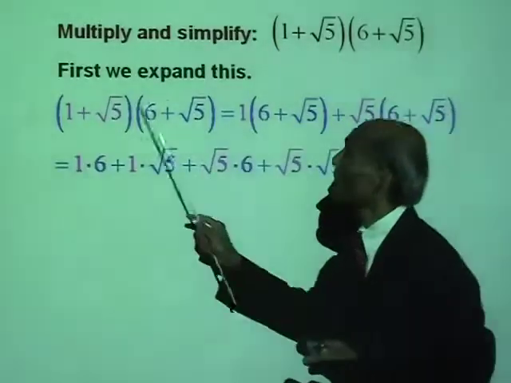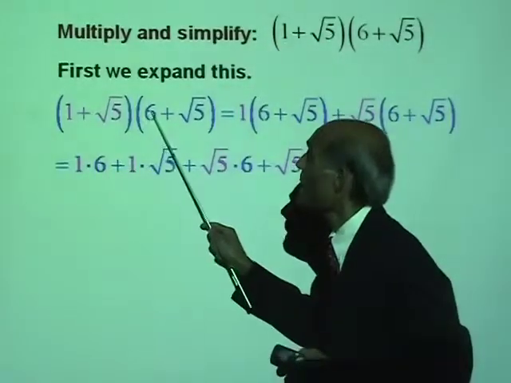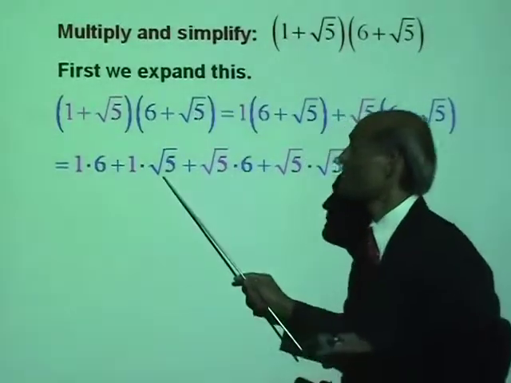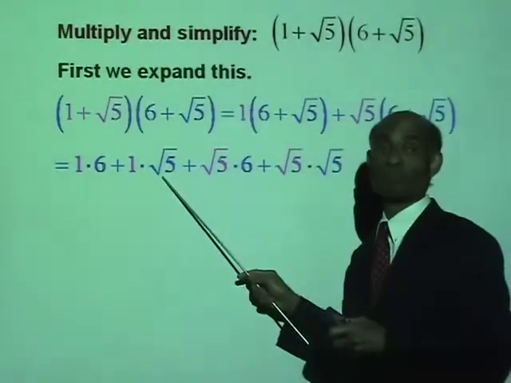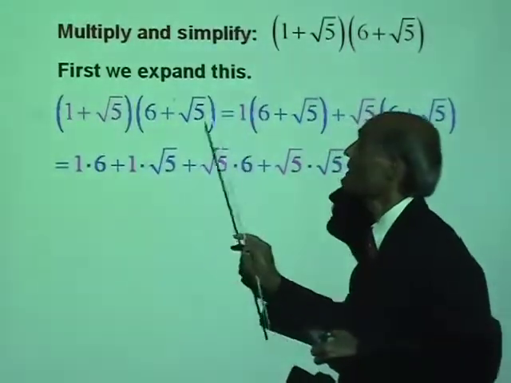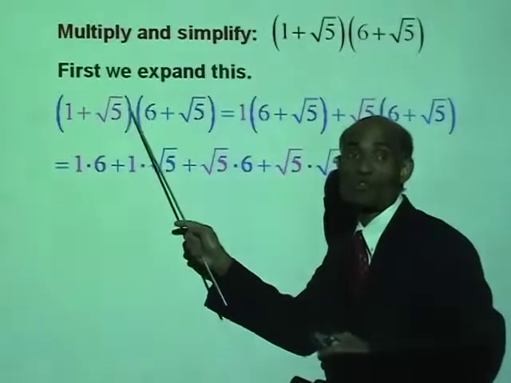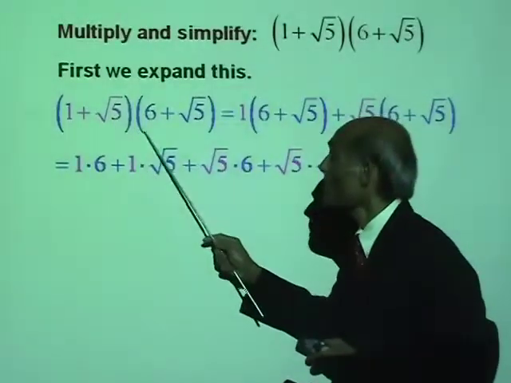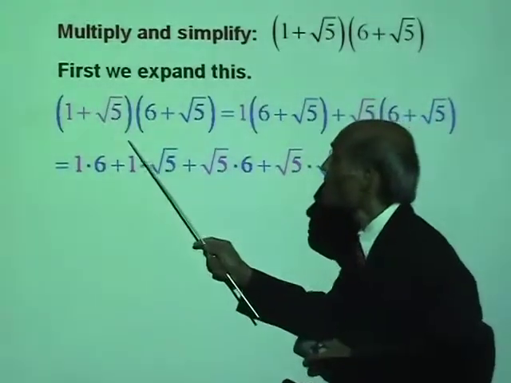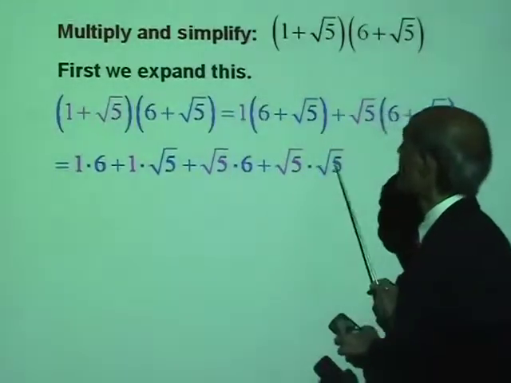Alright? And that will be 1 multiplied by 6 plus 1 multiplied by square root 5. Plus, we finished multiplying by 1. Let's now multiply by square root 5. Square root 5 multiplied by 6 plus square root 5 multiplied by square root 5.